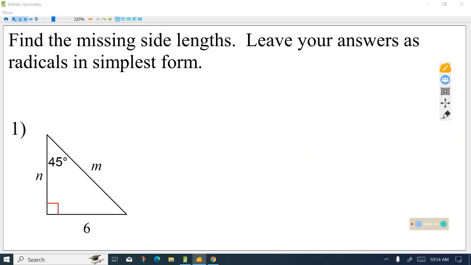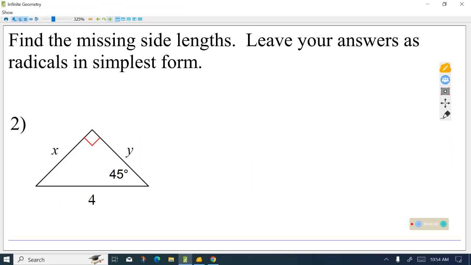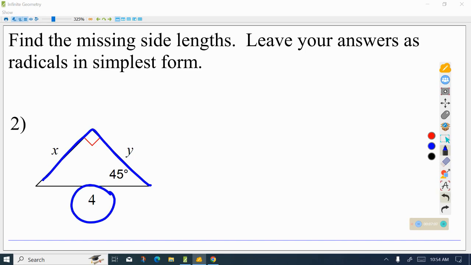So now if we go look at number 2 here, what should we be thinking? In this case, I want to find the legs, and I've been given the hypotenuse. So am I multiplying? Am I dividing? To turn the hypotenuse into the leg, I must be dividing by the square root of 2.